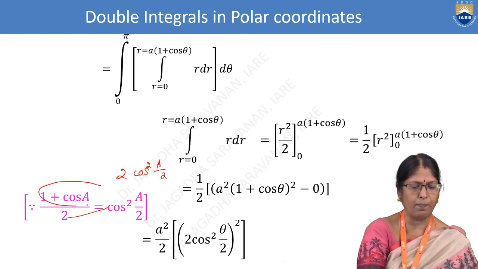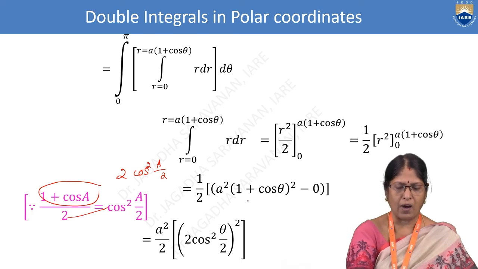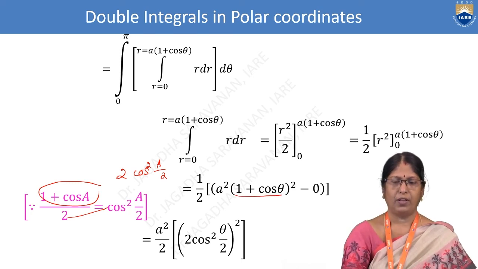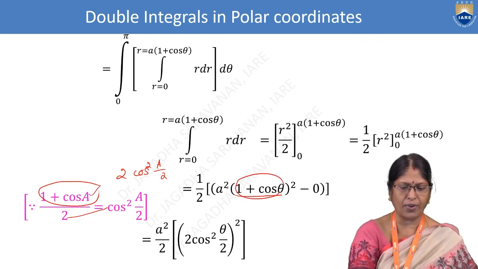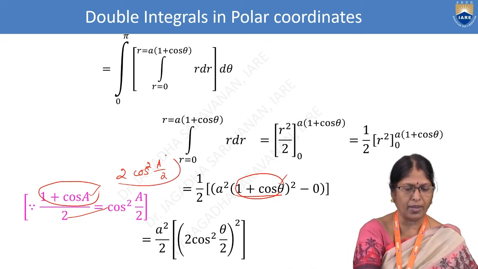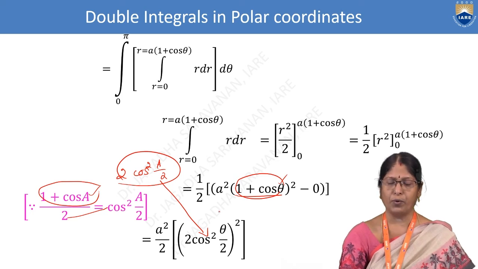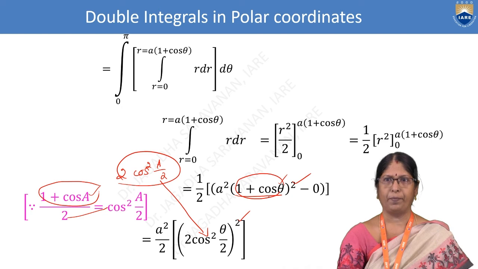Now this is the general trigonometric formula 1 plus cos a. Our problem is 1 plus cos theta. So this is completely our formula in terms of a, our problem in terms of theta. So it is becoming here 2 cos square theta by 2. This square is put on theta only.